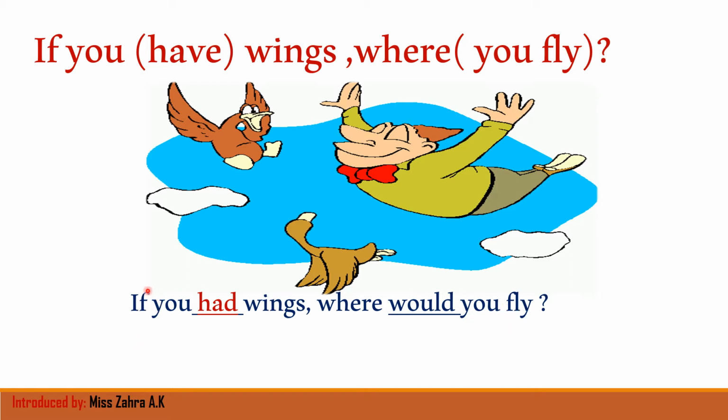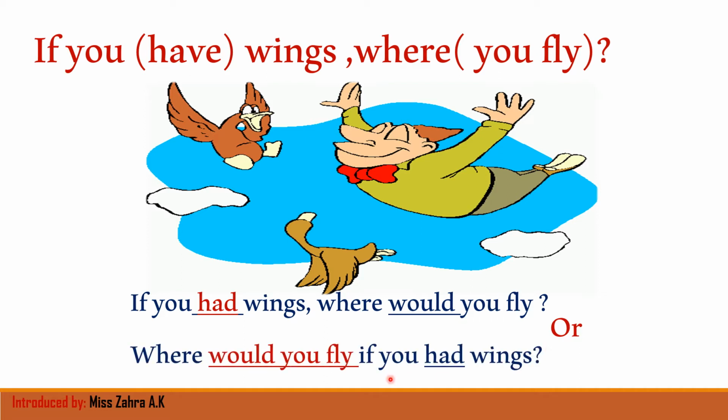So we see here if at the beginning, but if we change it, if is in the middle. The same two sentences, we just change the place of if. After it, directly comes the sentence in the past simple, but before it the sentence for future in the past. So it became: Where would you fly if you had wings?